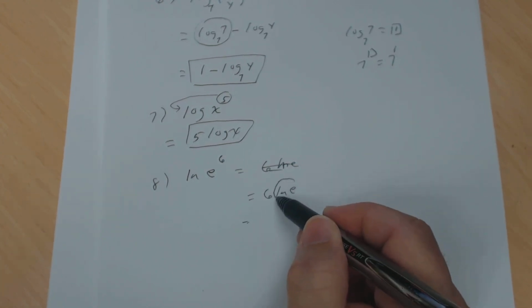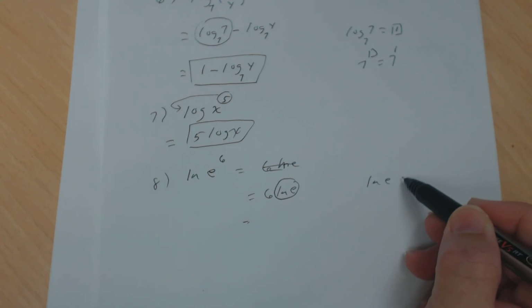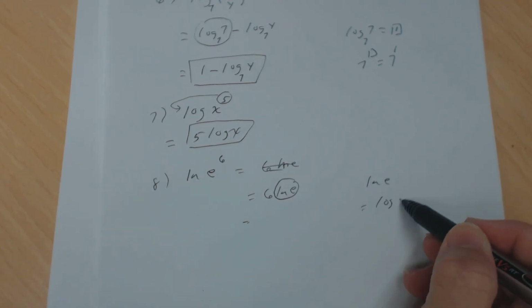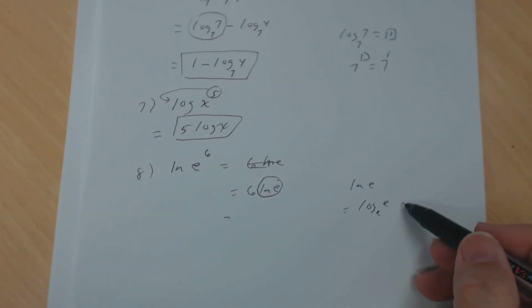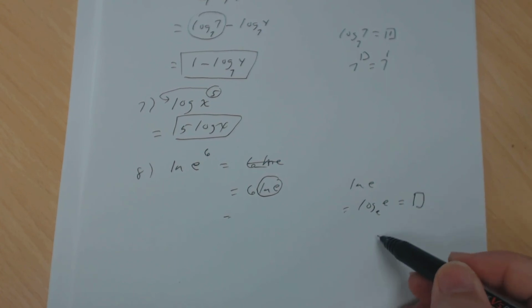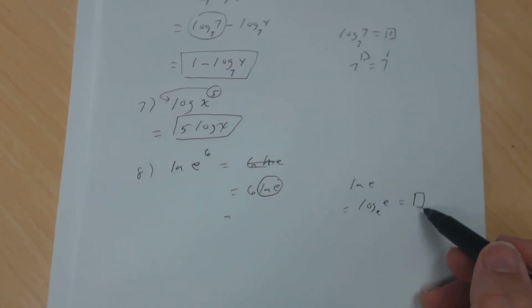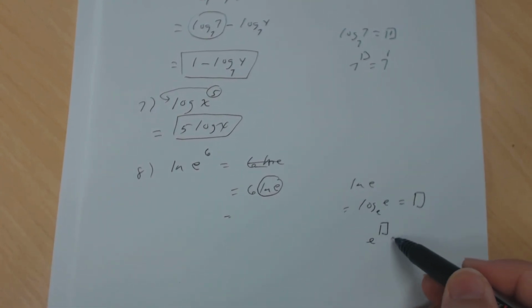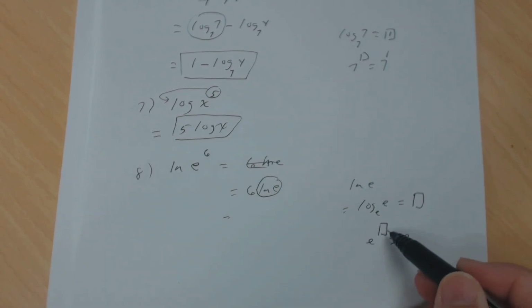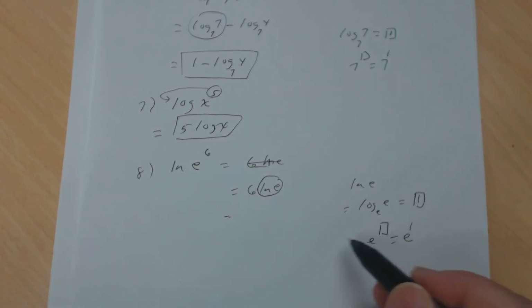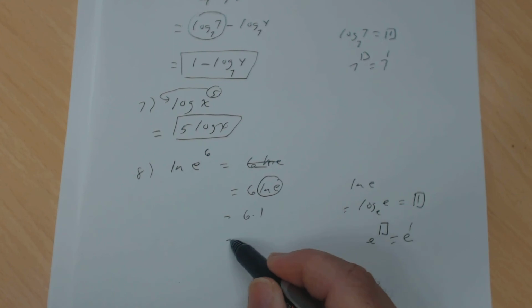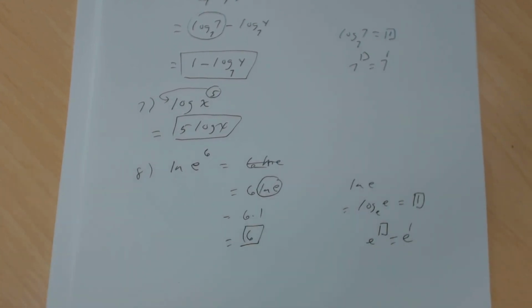Remember, the natural log of e is the log of e base e, so you're trying to figure out what that exponent equals. It's e to some power equals e. Whenever the bases are the same, the exponents have to be equal. That's a 1. So that's 6 times 1, which is 6.